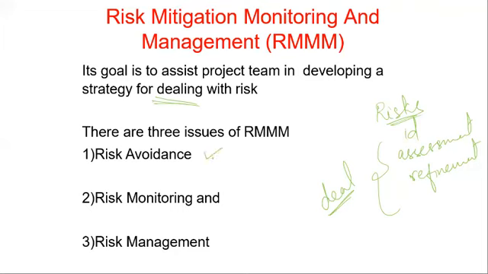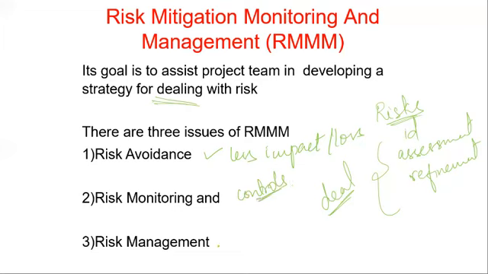That is risk avoidance. You can either avoid that particular risk, that is, you're going to leave it if it has less impact or you're going to have less loss. You're not going to focus upon that risk. Then risk monitoring, that is going to monitor the risk, how much impact it is going to have, how harmful that particular risk is. Based upon that, you can implement controls, that is how you're going to avoid that risk from occurring.